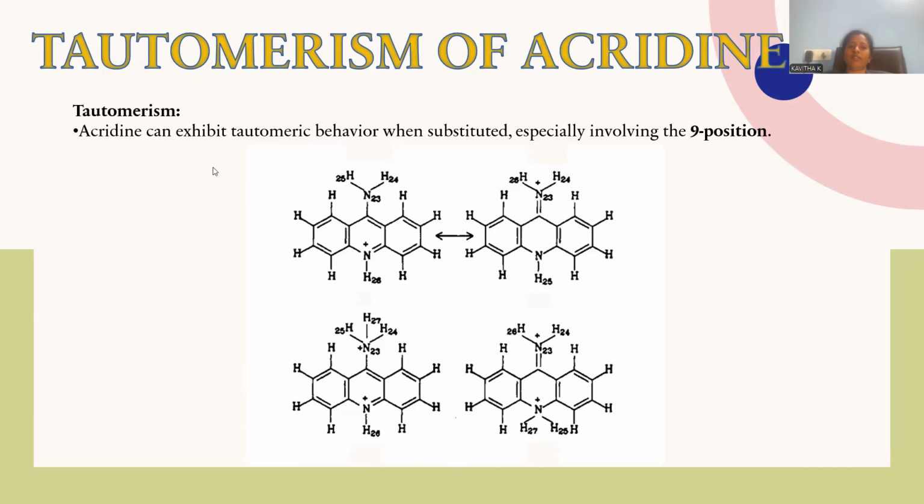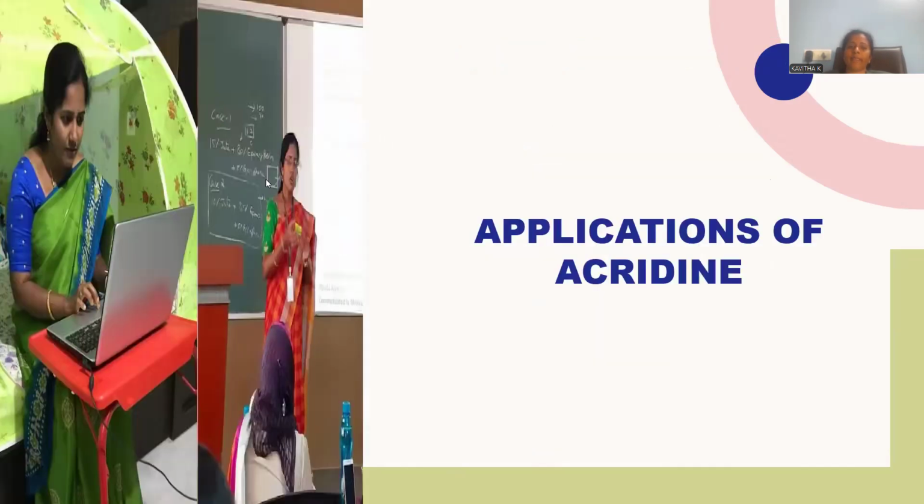This is how tautomerism is a behavior exhibited by acridine whenever it is substituted. Here is the substitution, especially at position number 9, and then it is very convenient to go for this tautomerism process. By this, we have successfully accomplished the entire chemical properties exhibited by the molecule called acridine.